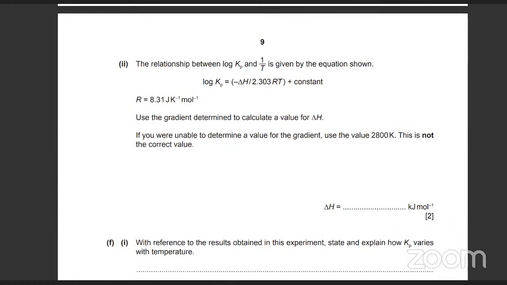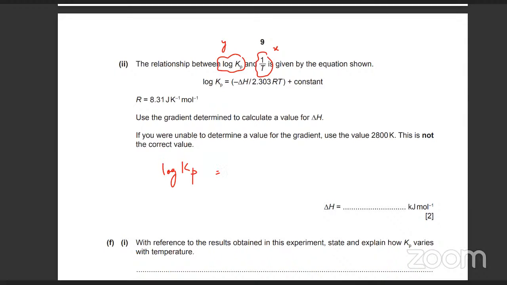Use the gradient. Now remember, you had a graph of log of Kp versus 1/T; log Kp was your y-axis, and 1/T was your x-axis. According to what I figured out from the question, it was a straight line.